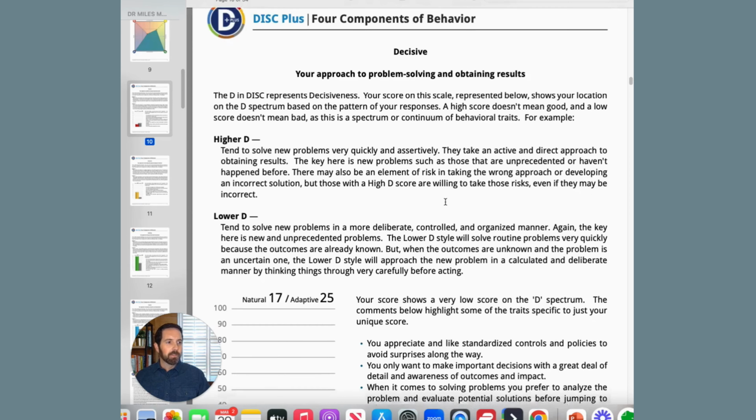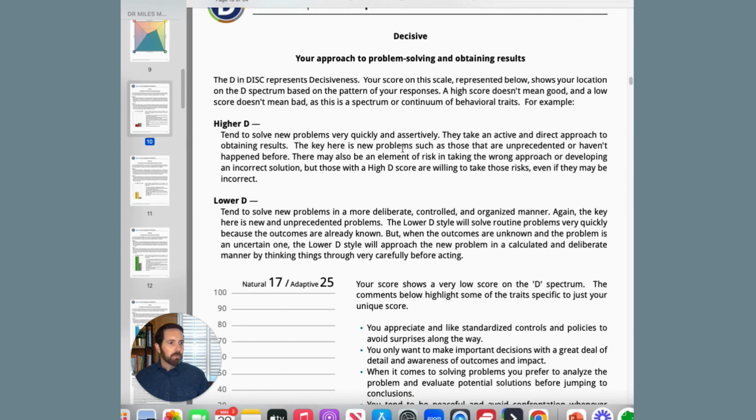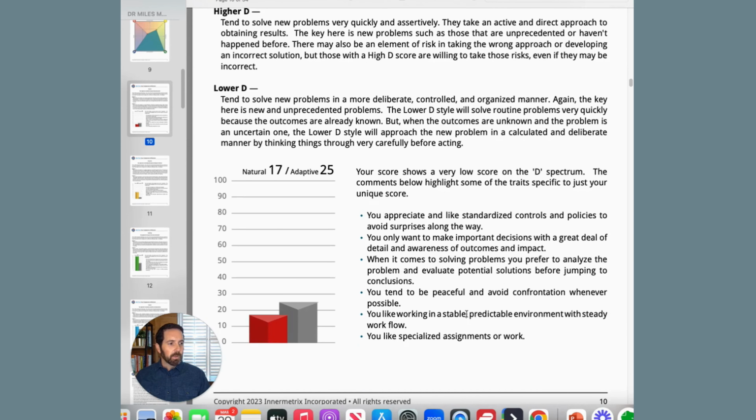So what I like to do at this point, when I go over this with people, is dive a little bit deeper. If you just read through each one of these pages, for your D, this is the area you want to look. These statements are unique to you. That doesn't mean other people can't have them, but looking at your entire DISC, you want to take a look at them. What I tell people to do is read through every statement and say, okay, this is an area where I bring value to myself and the team.